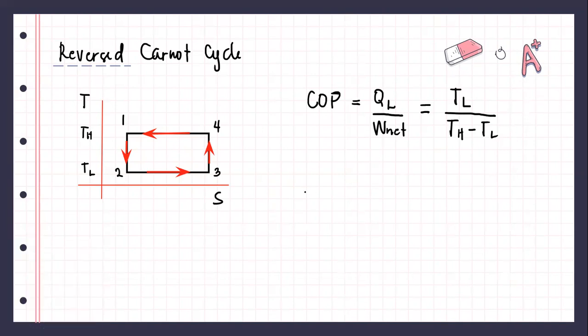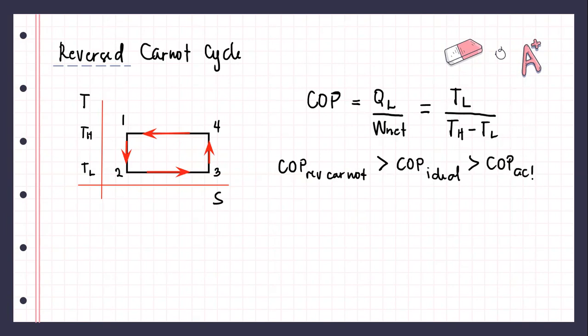But sometimes there is no need to multiply it by 100 unless it is required. Now, the coefficient of performance for the reverse Carnot is greater than the COP of the actual.